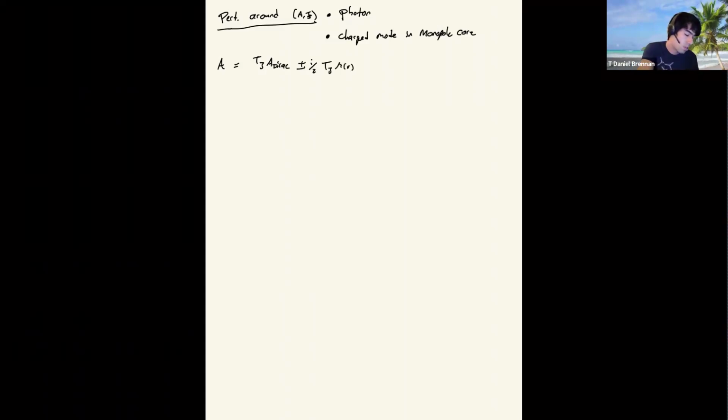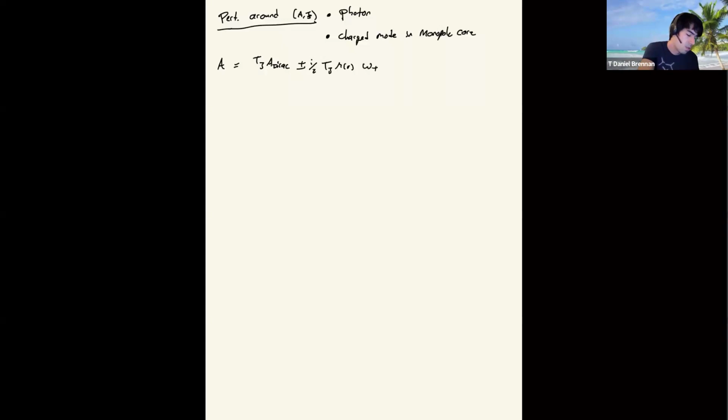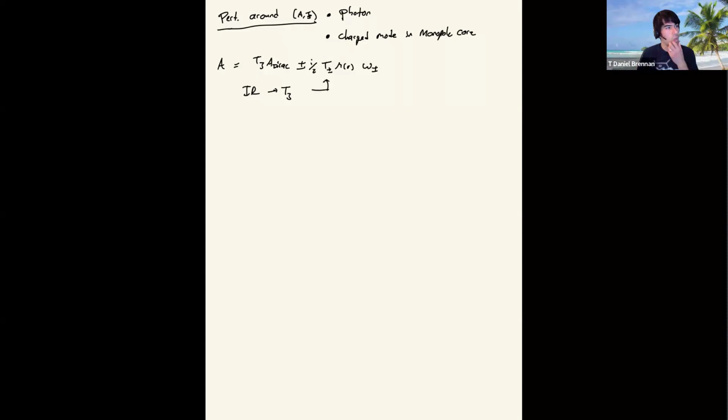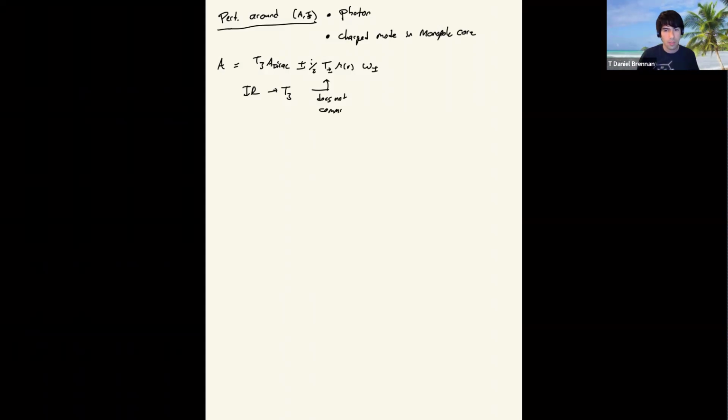The IR gauge transformations are generated by T3, which is the diagonal in the SU(2), and that does not commute with the W boson component of the gauge field. That's maybe obvious. The W boson has some charge, so if you do a gauge transformation, it should rotate.